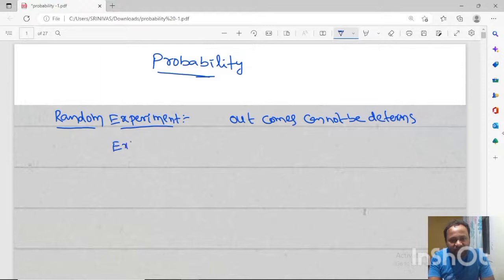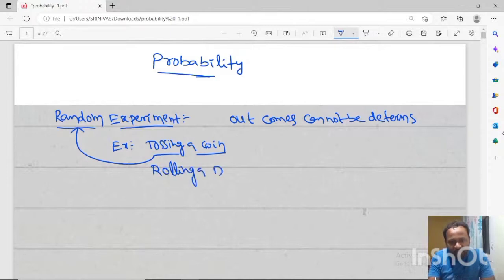Example, we can take tossing a coin. By tossing a coin, we cannot expect what it will be. What the result will be, we cannot expect. That's why tossing a coin is called random experiment. Or rolling a die.